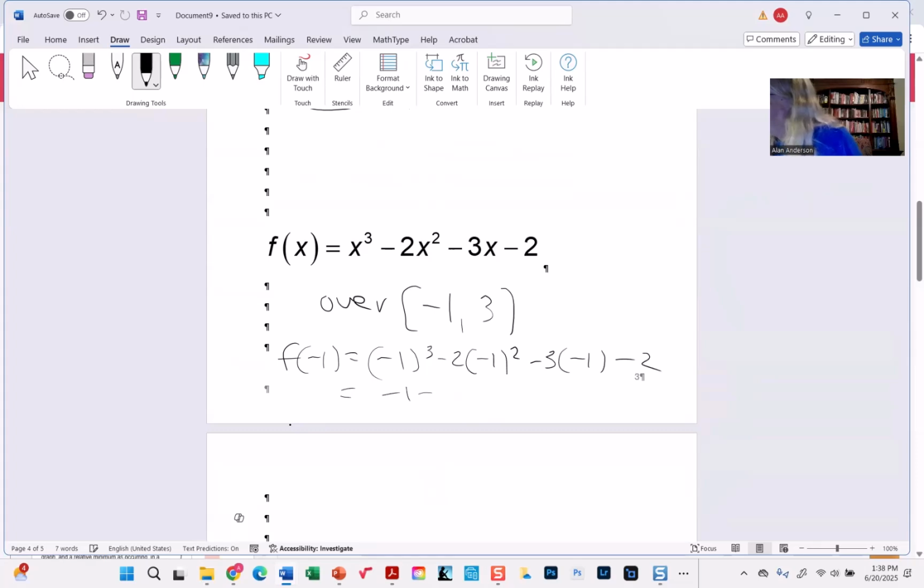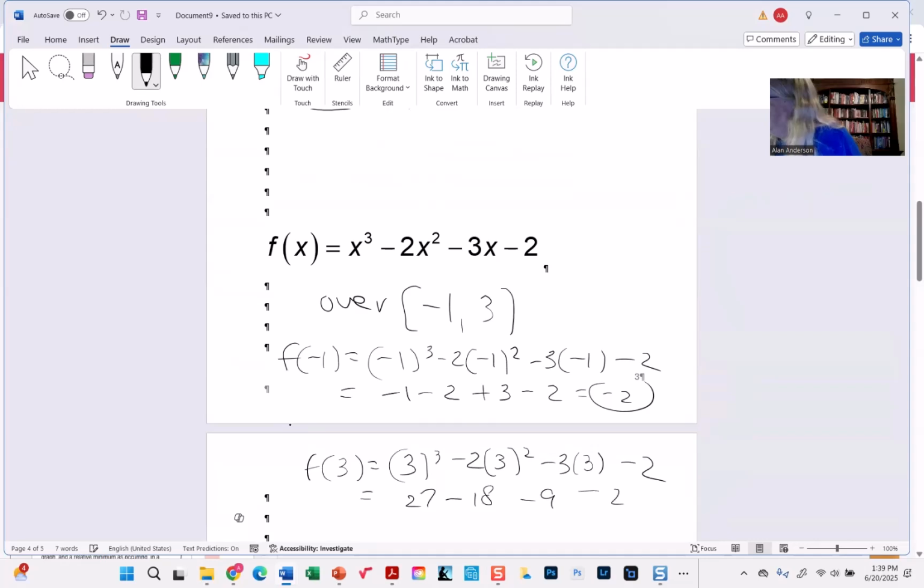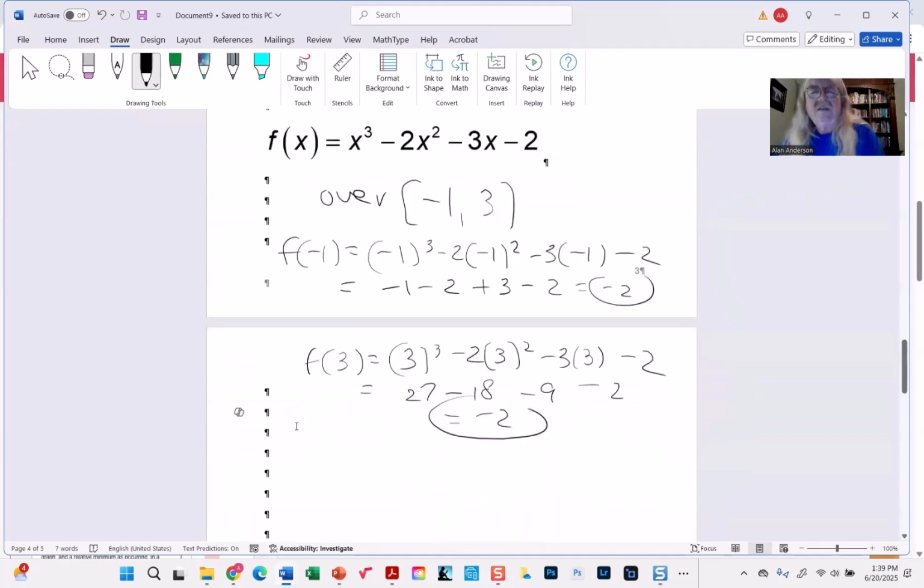So this is minus 2 times positive 1, minus 2. And then f of 3, also negative 2. All right. So let's graph this thing.